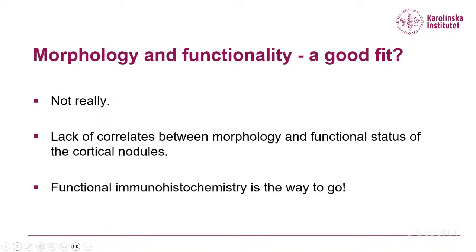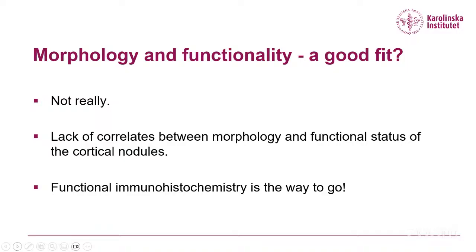So if you look at an adrenal with multiple nodules, I would say there's no way you could know with certainty whether or not this produces a hormone or not. And you cannot distinguish between aldosterone-producing and cortisol-producing nodules by morphology alone.